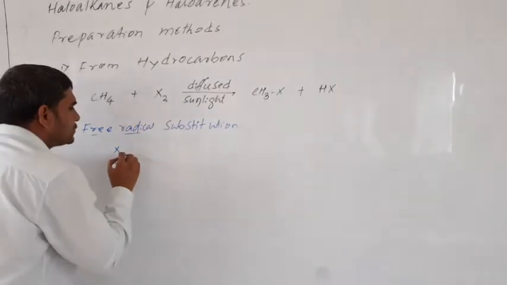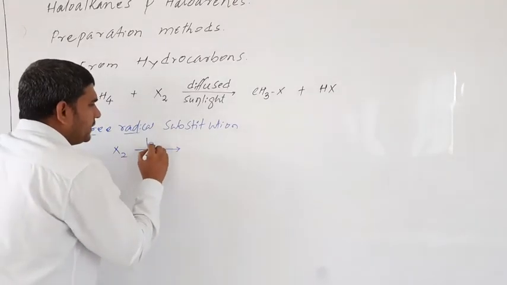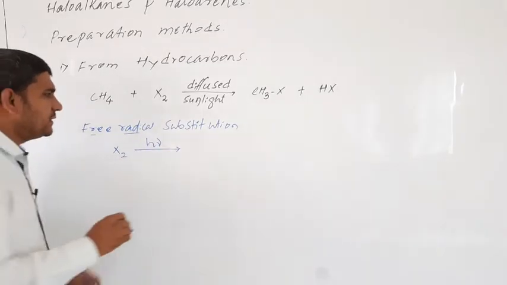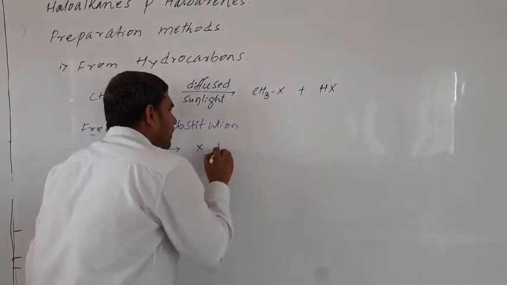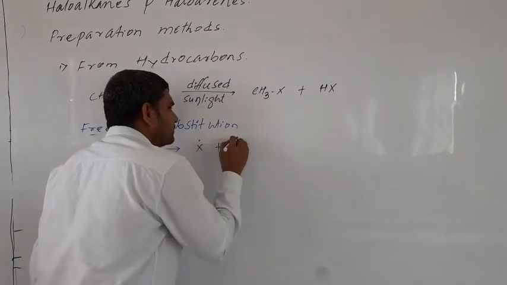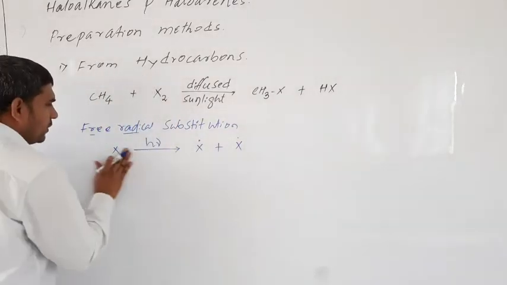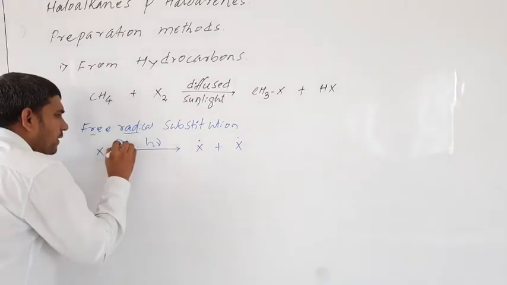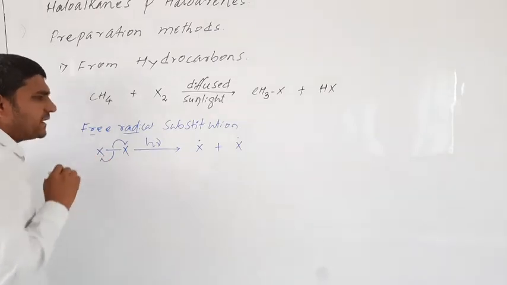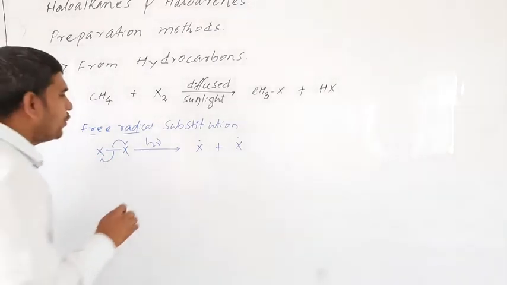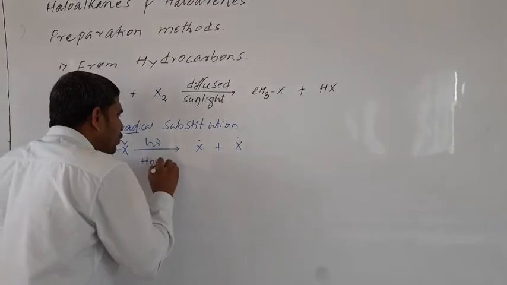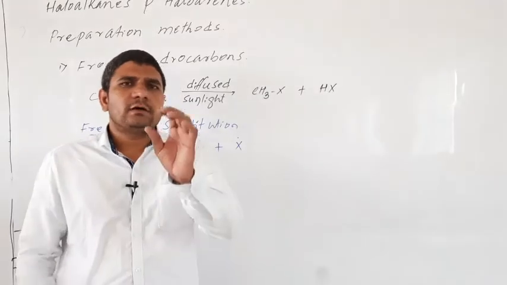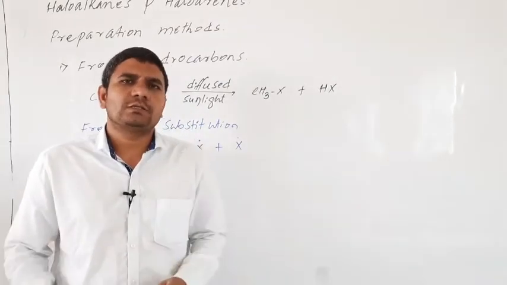X2, by the absorption of this diffused sunlight, dissociates to form halogen free radicals. I think you know that free radicals are formed by homolytic cleavage. This is homolysis. Always free radicals are formed by the homolysis process.